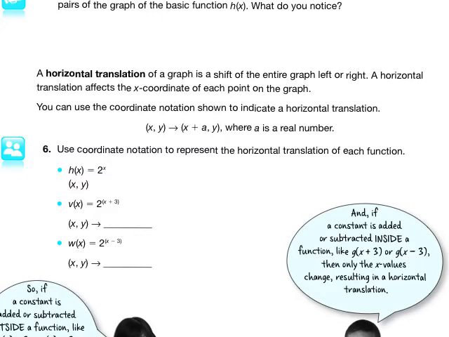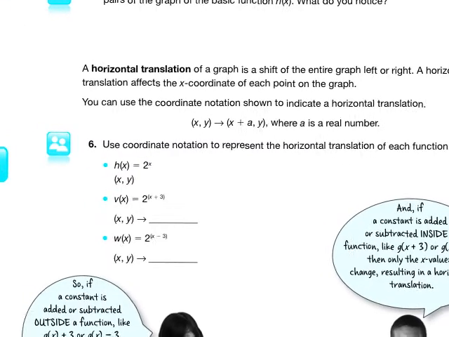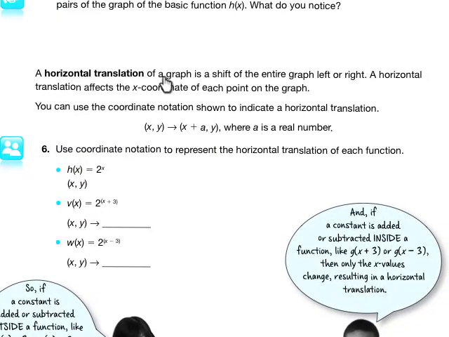All right, right here you have a little definition. A horizontal shift is a shift of the entire graph left or right. A horizontal translation affects the x-coordinate of each point of the graph. So basically we're saying the y's don't change. The y's stay exactly the same.